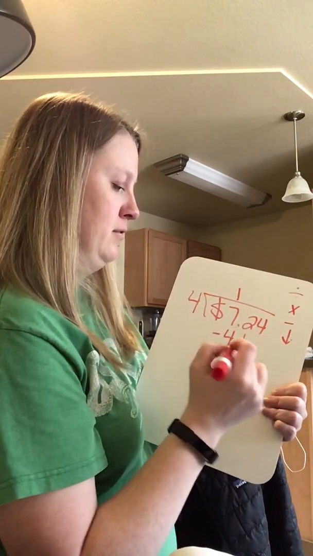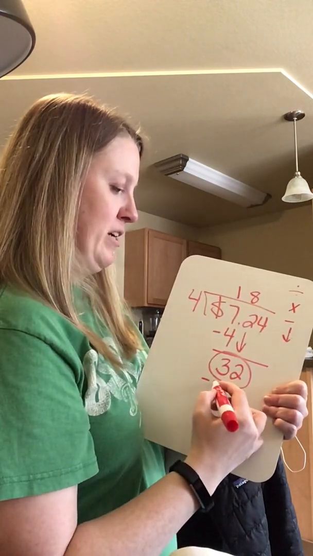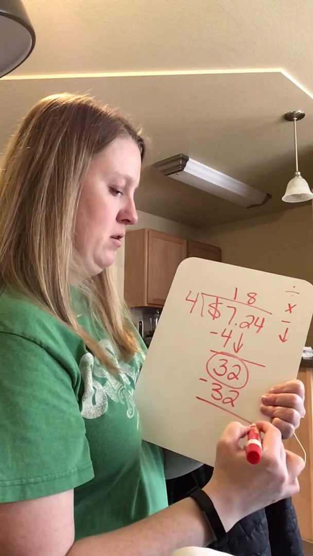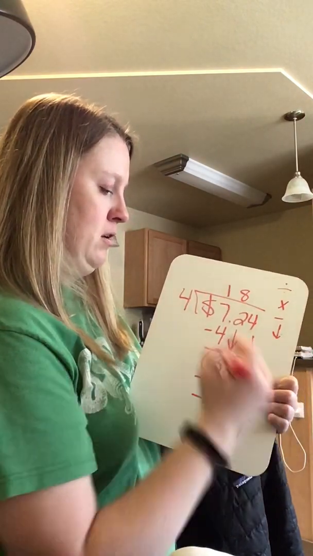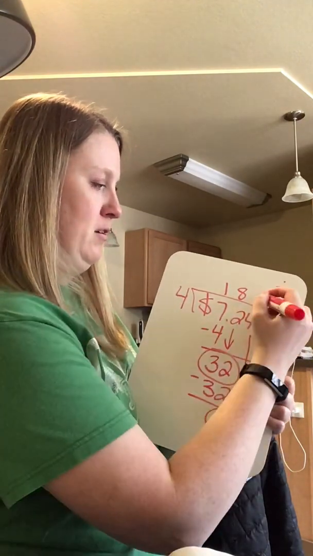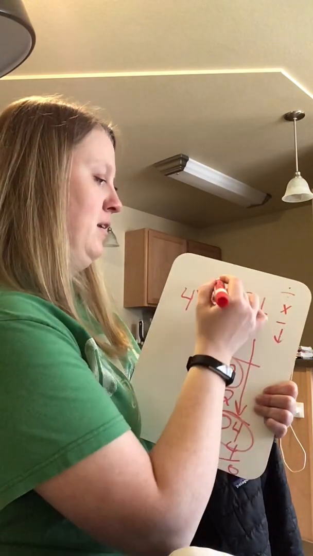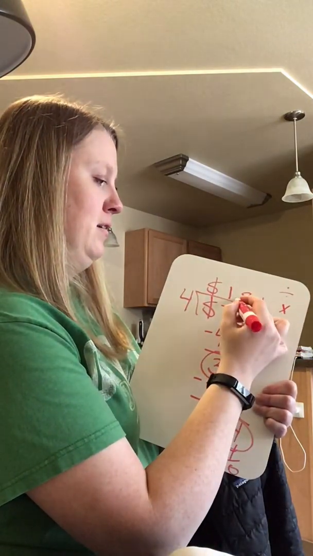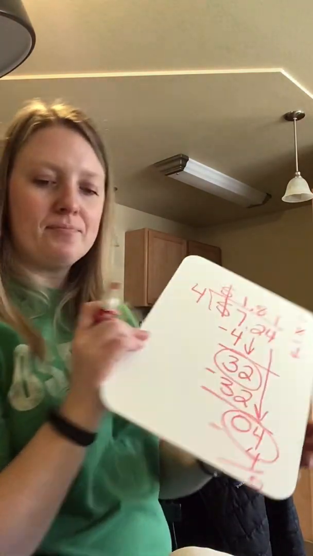Start all over. 4 into 32 is 8, which makes exactly 32. 0. Bring down. 4 into 4, new number. How many times can 4 go into 4? Once, which makes 4. 0. $, decimal point. Okay? All right.